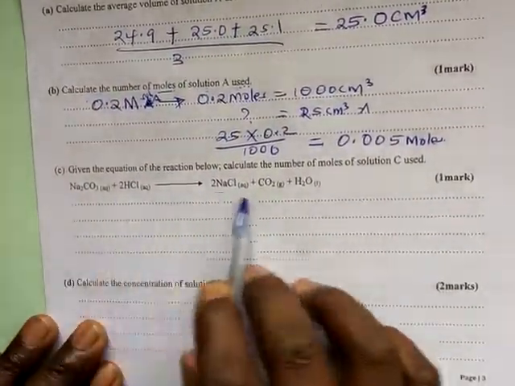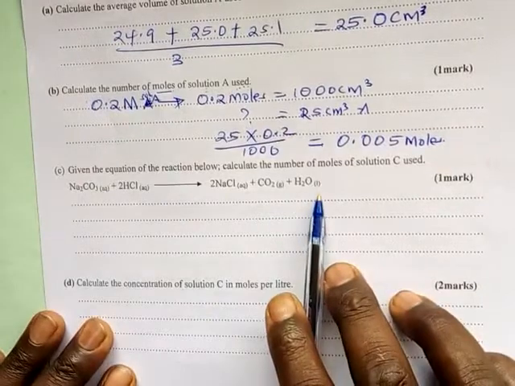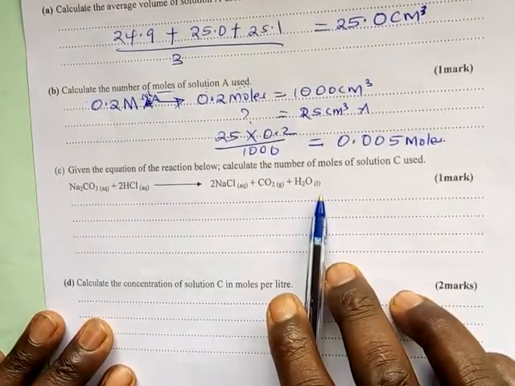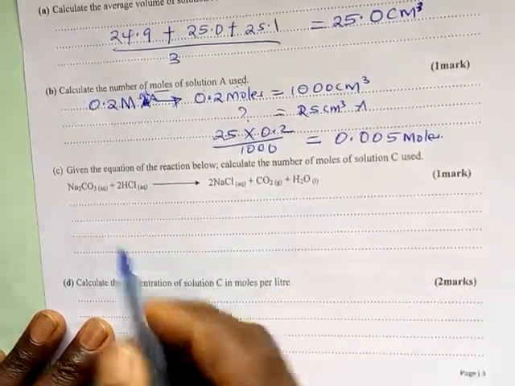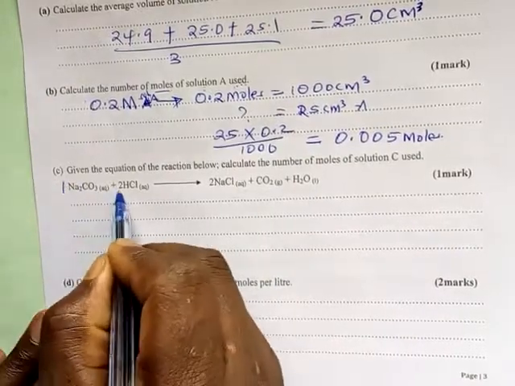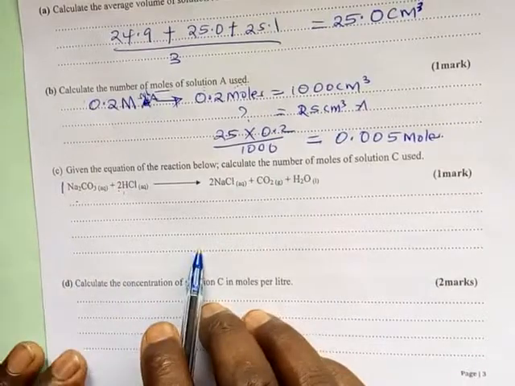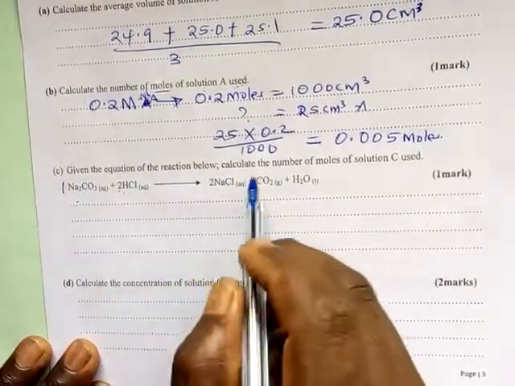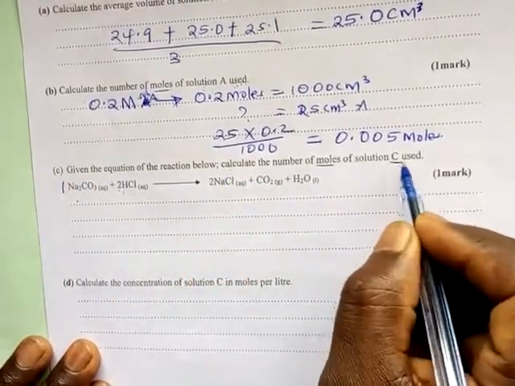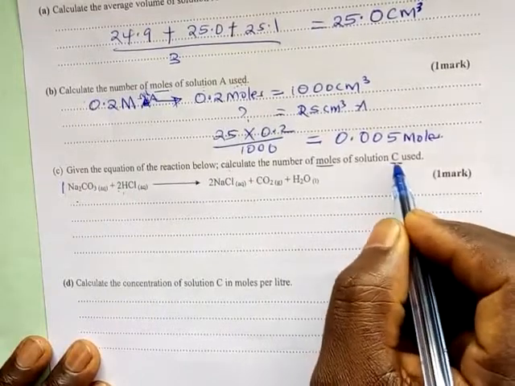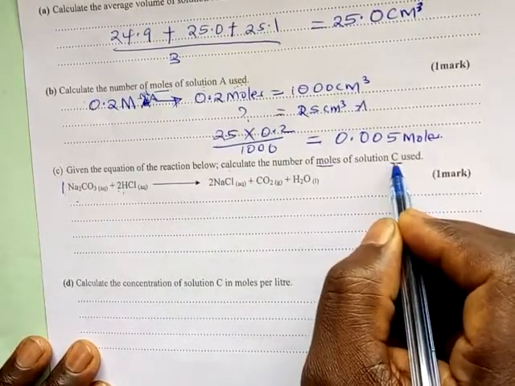They have given us the equation. This equation you are supposed to write yourself, but now, thank God, they have given us. You can see that the ratio is 1 to 2. The carbonate ratio is 1 and this is 2. So given the equation below, calculate the number of moles of solution C. Remember, solution C is the sodium carbonate.